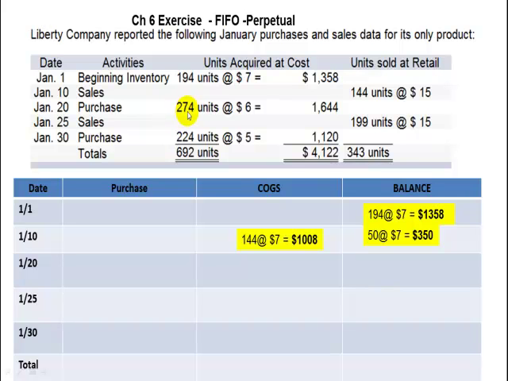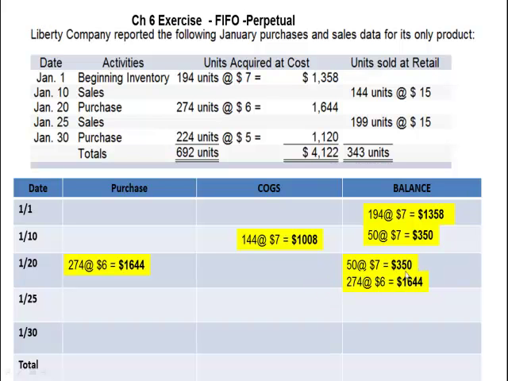On the 20th, we purchased 274 more units at $6 a piece. Total would be $1,644. We didn't sell any on that 20th. And now we're going to come across here and get an ending inventory balance as of the 20th of January, which will bring down this layer of inventory, which was at $7 a piece, and we'll add it to this 274 units at $6 a piece.